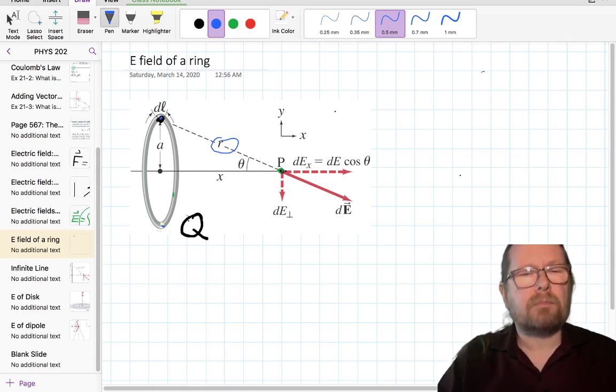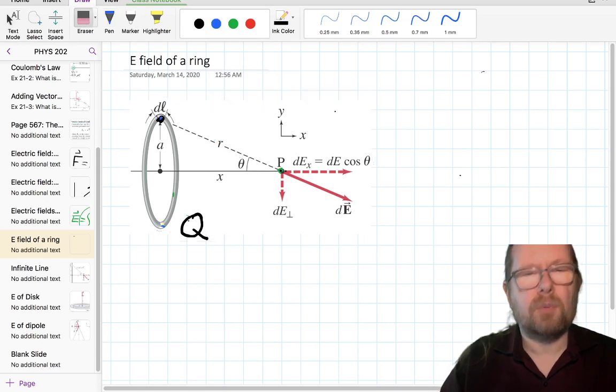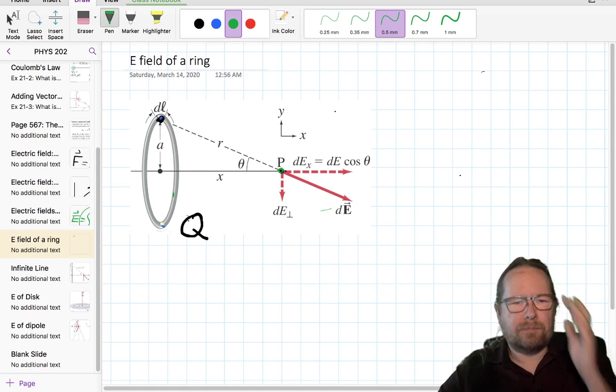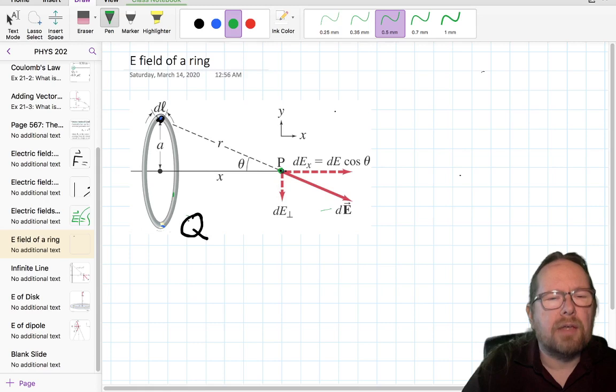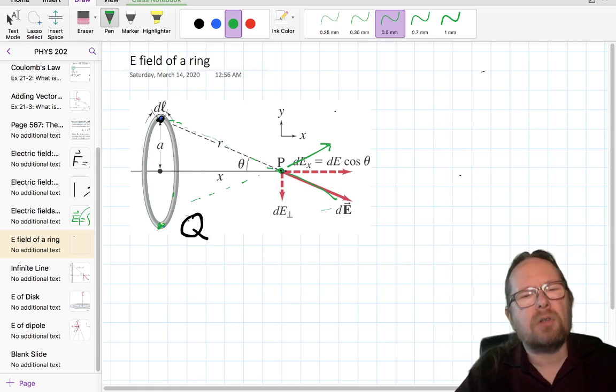Also notice that the components of the electric field exerted at this point cancel one another out in the y direction, because this piece of the ring exerts a force in that direction, and this piece of the ring exerts a force in that direction, and the components in the y direction are going to be equal, so they cancel one another out.